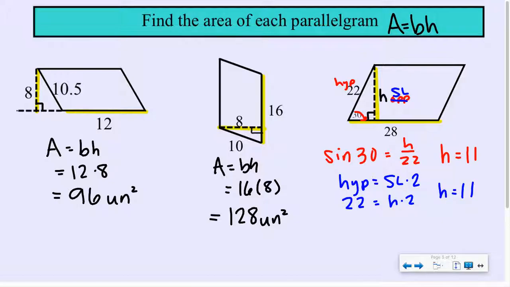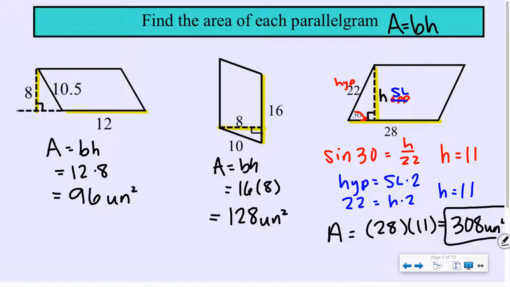You could use either. Total area though, you have to take 28 times 11, which is 308. Yeah, 308 units squared. One thing about that: my worksheet that I give you today is going to say I want the exact area.